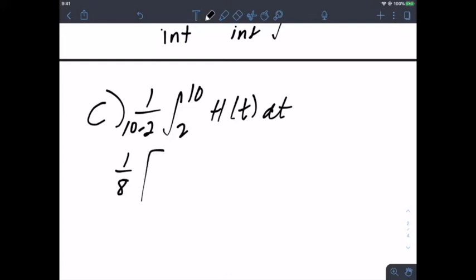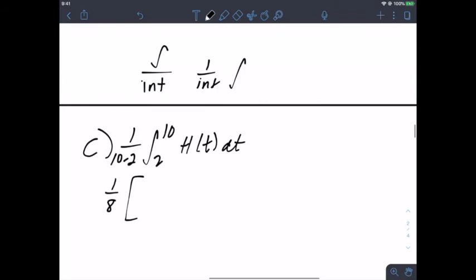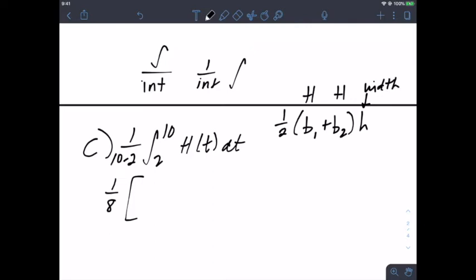And then for the trapezoid rule, with 4 subintervals, remember the area of a trapezoid is 1/2 the sum of the bases times the height. And the bases this time are going to be the function values, and the height will be the width of the interval. Okay?